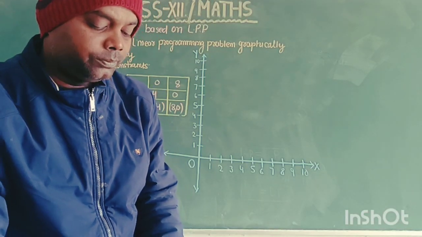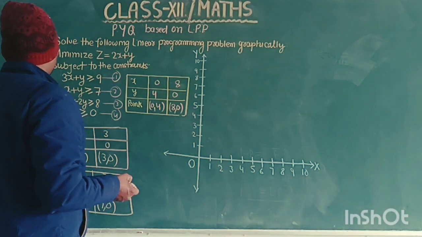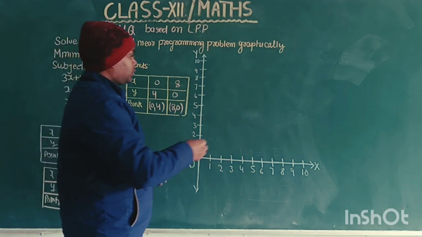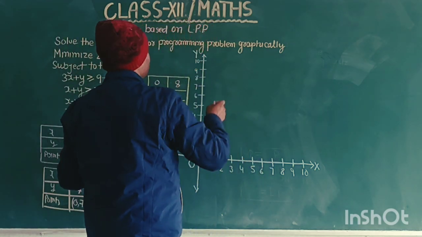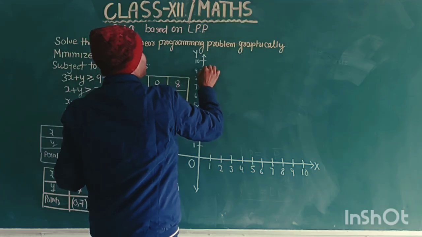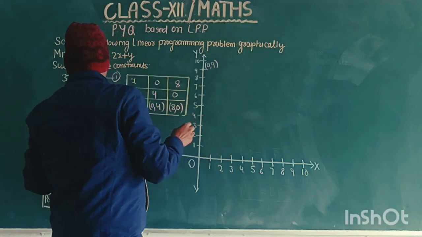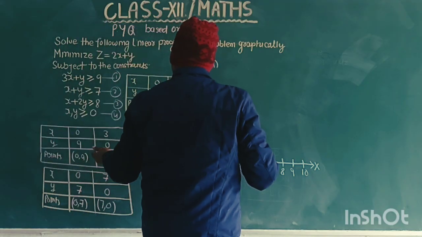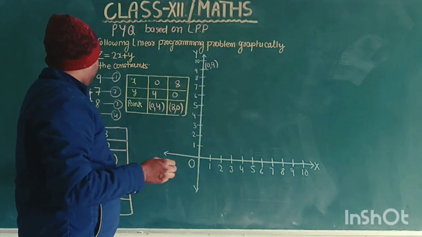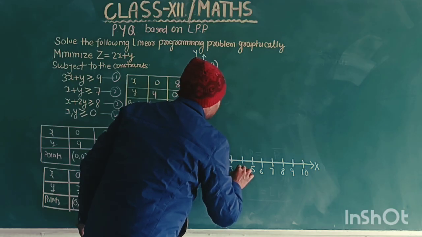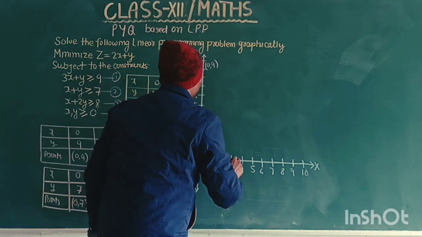After marking these points on both the axes, we have to plot the points of equation number 1. The points are 0, 9 on the y axis, so this is our point 0, 9. And next 3, 0 we have to plot on the x axis. This is 3, 0.